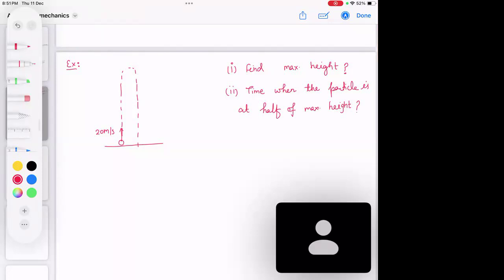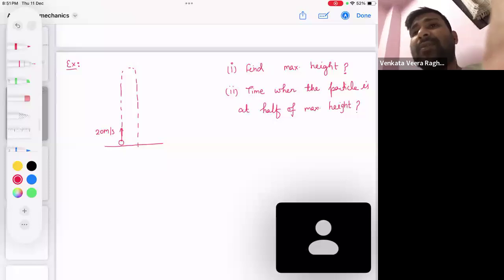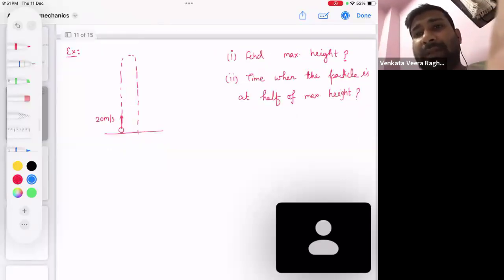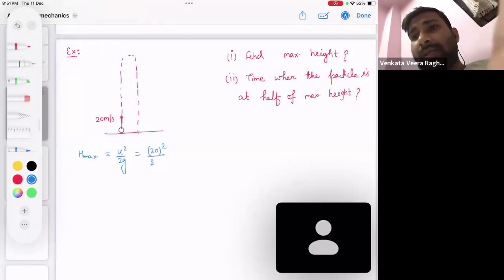Yes. So please tell me what I should do now. First of all, I should calculate the maximum height, isn't it? The maximum height calculation is very simple. H max equals u square by 2g. u is 20, so 20 square, 2 into g, I am taking approximately 10.